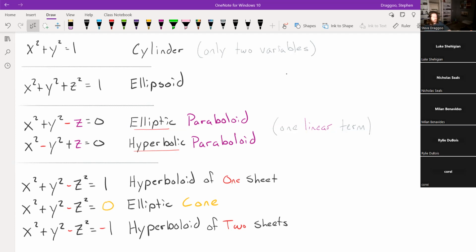Versus if I imagine taking that hourglass shape and pulling the halves apart from one another, which is what's going to create my hyperboloid of 2 sheets, that means I'm going to have a negative value near the origin. I've got something like x squared plus y squared equals a negative number, which is like an anti-circle or an imaginary circle, because the radius ends up being some negative number.